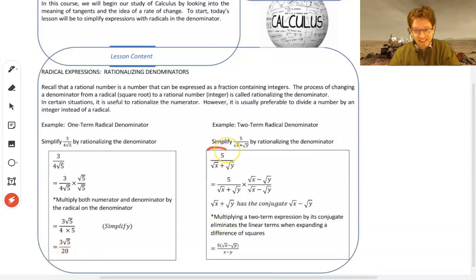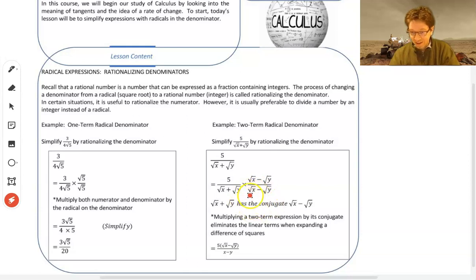Now, if you have a case like this one, where you have terms in the denominator, what you can do in this case is multiply it, top and bottom, by the conjugate. So the conjugate, in this case, root x plus root y, will have a conjugate, root x minus root y. You just take the opposite sign.